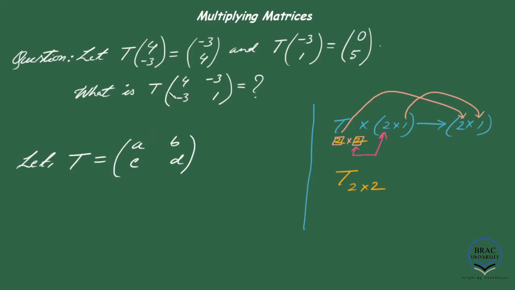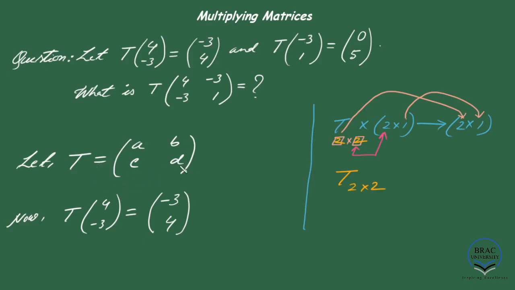Okay. Now we have this equation. Let's try to work on this equation first. So now we have T times a column vector with entries 4, -3, which is equal to another column vector with entries -3 and 4. This is the equation, and we now know what T is, at least for now.